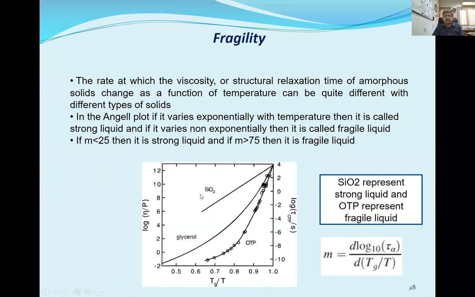Whereas in the case of the strong glasses, this change is going to be very moderate, which means if you decrease the temperature from a value x to a lower value, the increase in the physical stability of the fragile glasses is going to be more as compared to that for the strong glasses.